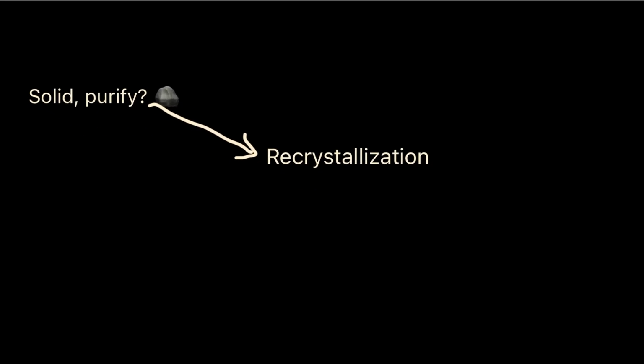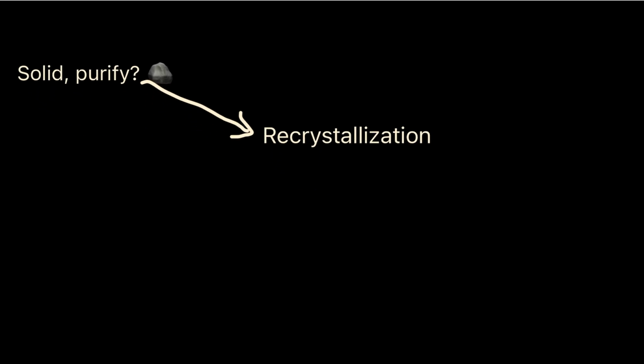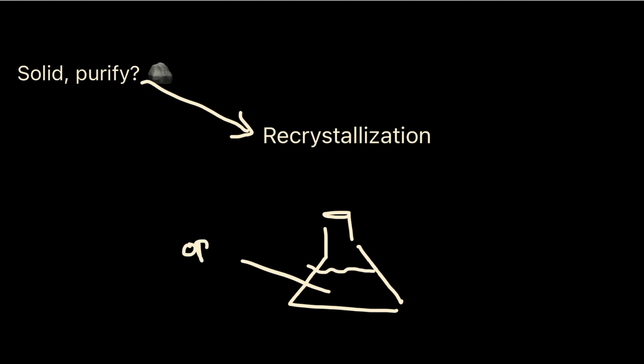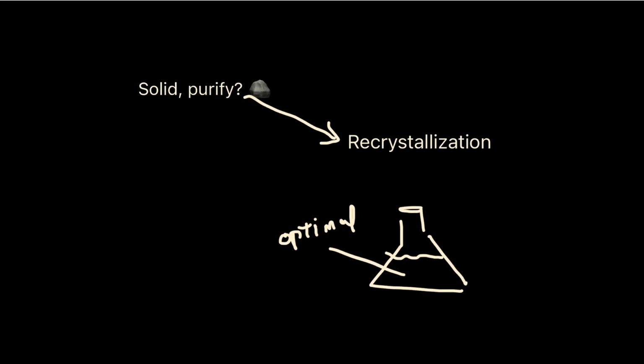So we're talking about how to do recrystallization, what it's about. The big idea is that you get an optimal solvent, which is determined by a previous step, an optimal solvent test, which tests solubility.